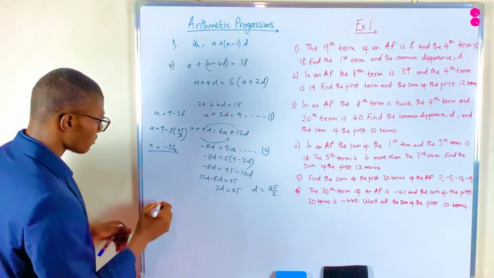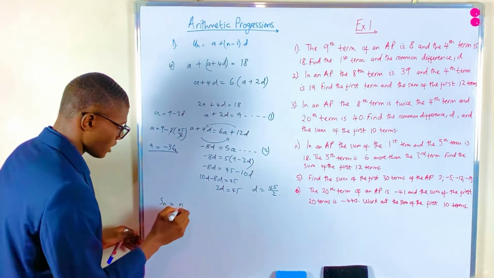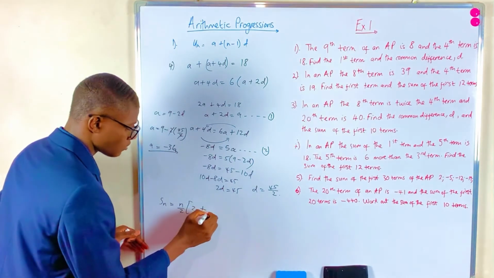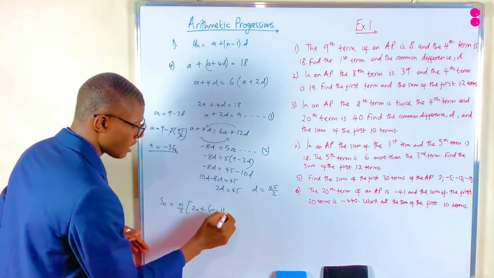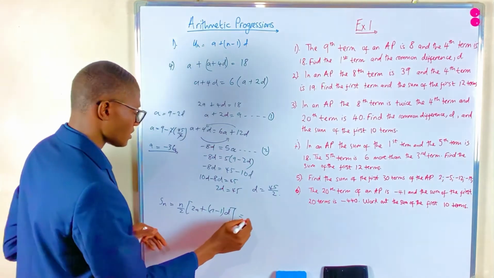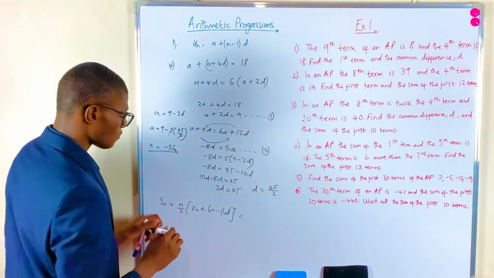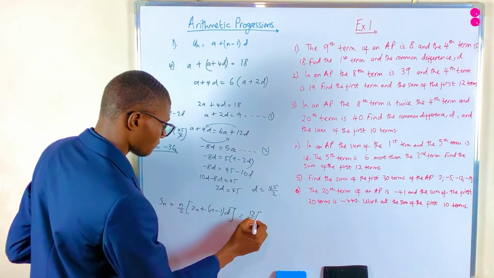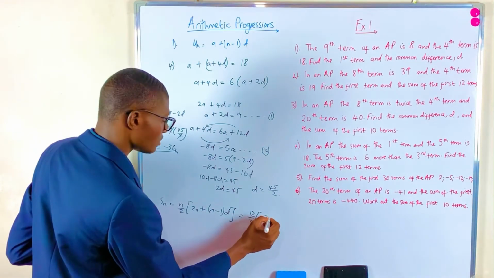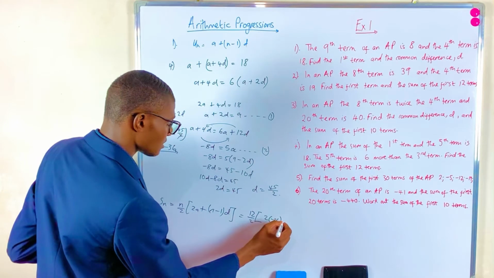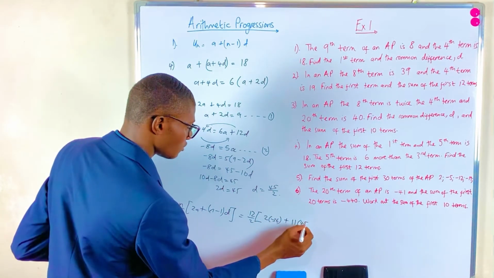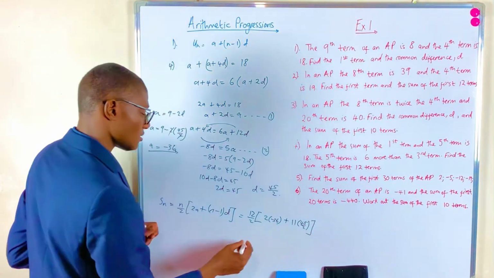So now I'd rather just use n over 2, right, 2a plus n minus 1 multiplied by d. So we're saying 12 terms, this way n is equal to 12. So that's 12 over 2 multiplied by 2 times minus 36, then plus 11 times d, which is 45 over 2, like this.